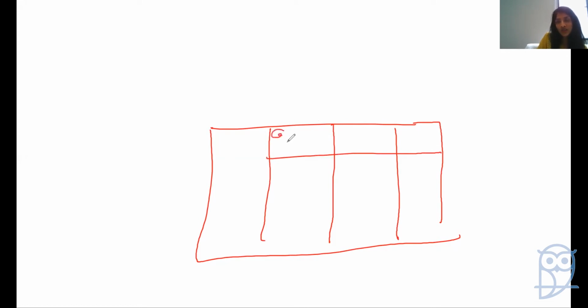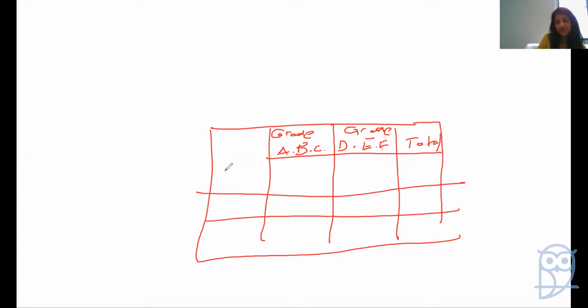So these are with grades A, B, and C. These are kids that have grades D, E, and F, and this is my total. Then I've got boys and I've got girls, and the total once again. Okay, good. 280.